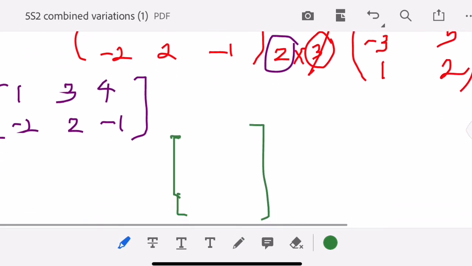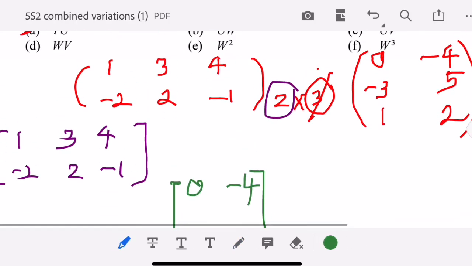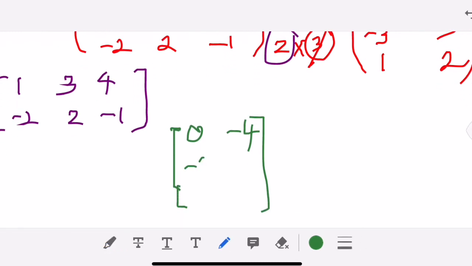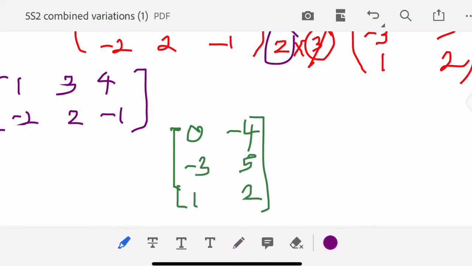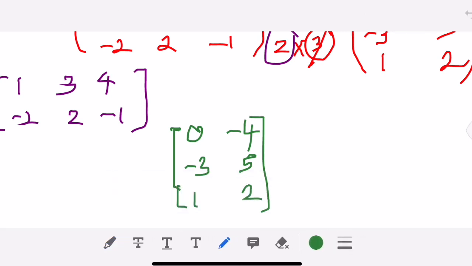So you have to do it carefully. So we have 0, -4, right? We have -3, 5, and then we have 1, 2. We're going to multiply carefully. So you can try this way. You draw lines to guide you when you multiply, all right? So that you won't make mistakes.